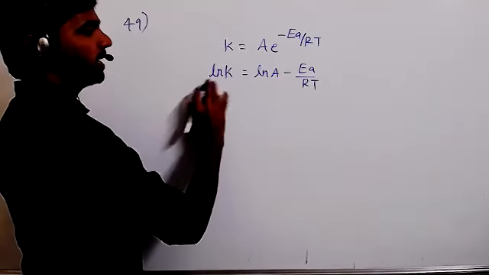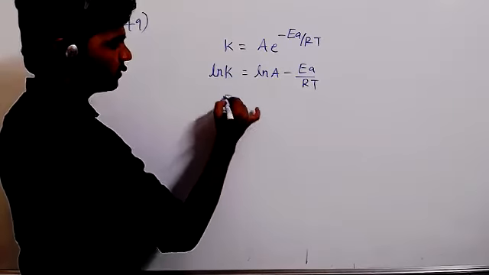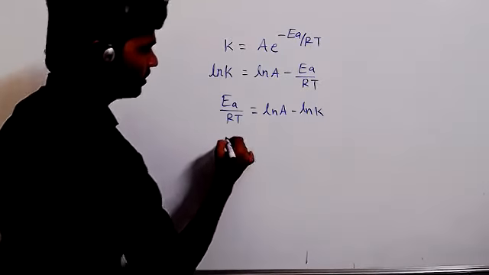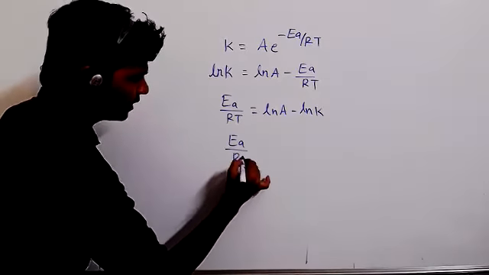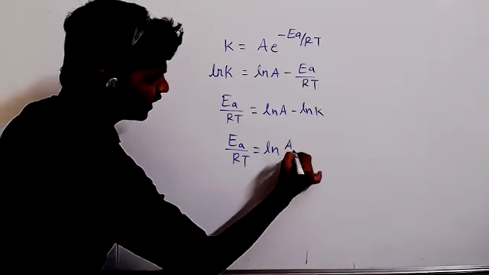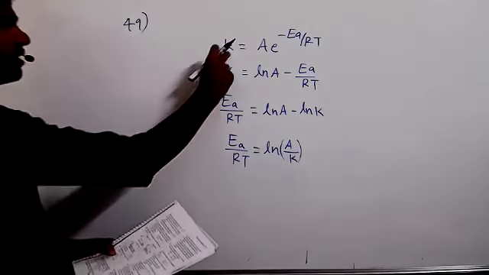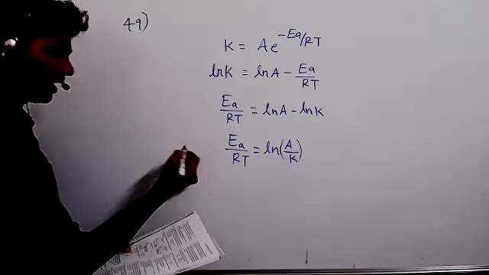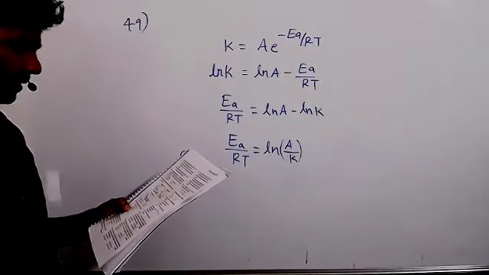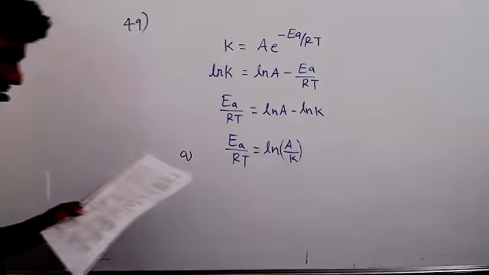Take EA by RT to this side and ln K to that side. It becomes EA by RT equal to ln A minus ln K, so EA by RT equal to ln of A by K. So we may show the Arrhenius equation like this also. So option A is okay: ln A by K equals EA by RT. Next, we will check option B.